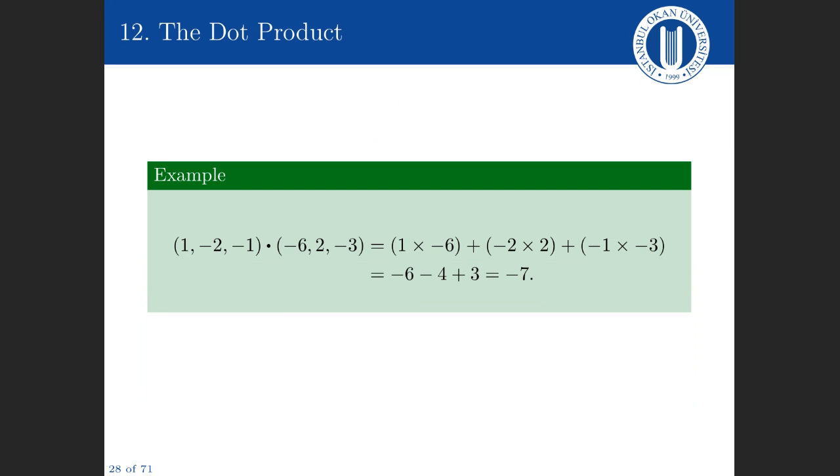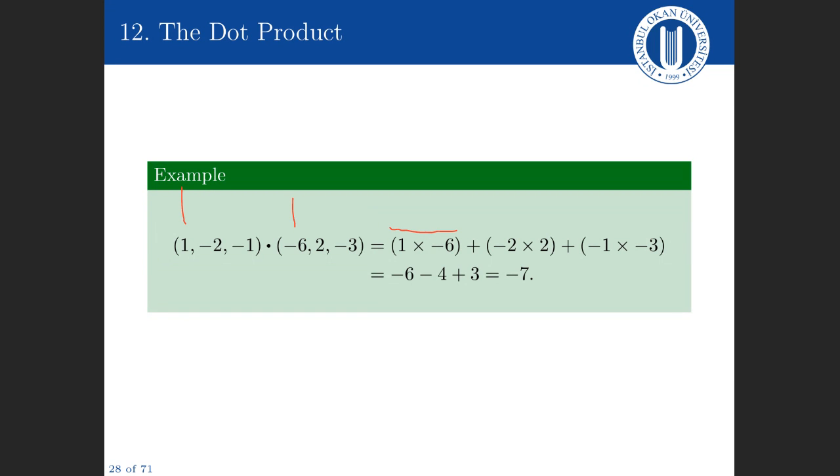The dot product of (1, -2, -1) and (-6, 2, -3). First, we take the first numbers, 1 and -6, and multiply these together.